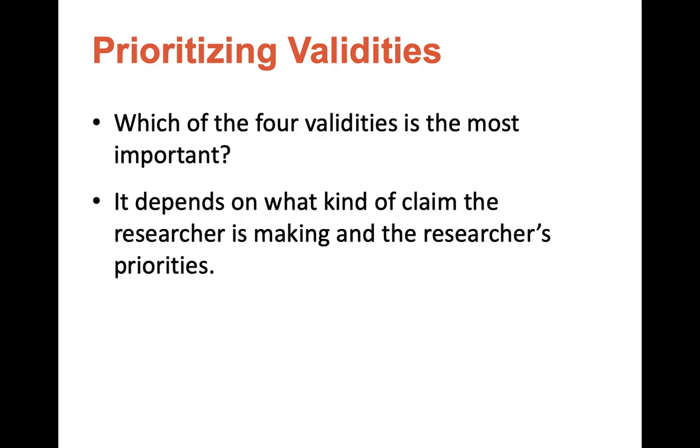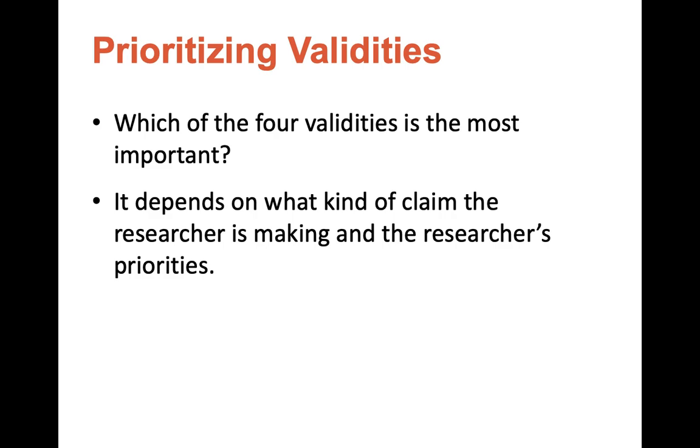So if we want to make a cause and effect claim, highlighting improves retention of information. Highlighting causes better retention. What we're doing is we're prioritizing internal validity. And what we're trying to say is it's the highlighting and nothing else that is responsible for improved retention of information. So internal validity is the priority when making a causal claim.